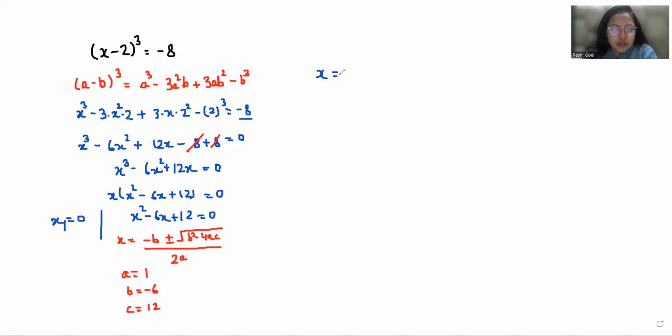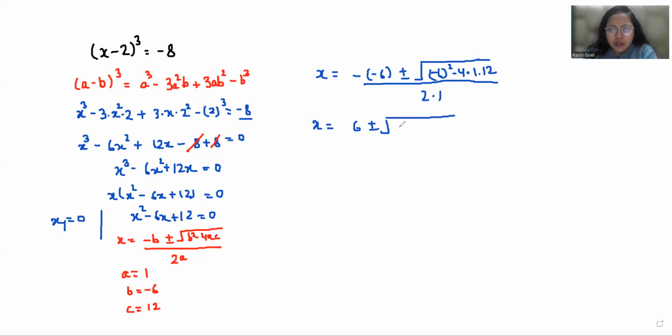So x is equals to negative of negative 6 plus minus square root of negative 6 square minus 4 times 1 times 12, by 2 times 1. So x is equals to 6 plus minus under root negative 6 square is 36 minus 4 times 1 times 12 is 48, by 2.